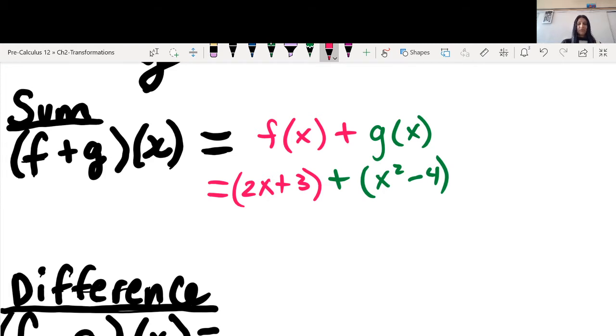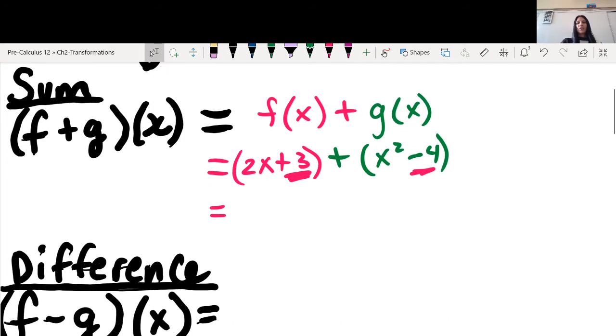And then if we can, we would look to simplify or combine some of this stuff. The only thing we can combine is the plus 3 and the minus 4. And it's probably a good idea to write it in descending order. That's how you've learned how to do this. So it would be x squared, it's positive, so I can just move it to the front, plus 2x.